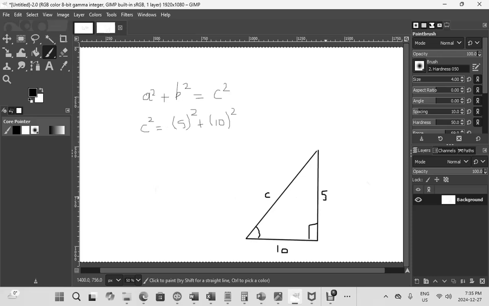So C squared equals A squared plus B squared. A squared is 5 squared, for example, and B squared is 10 squared. So your C squared will be 25 plus 100, which means your C will be the square root of 25 plus 100.